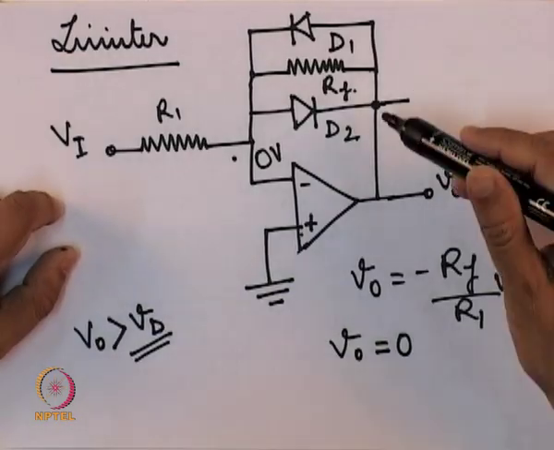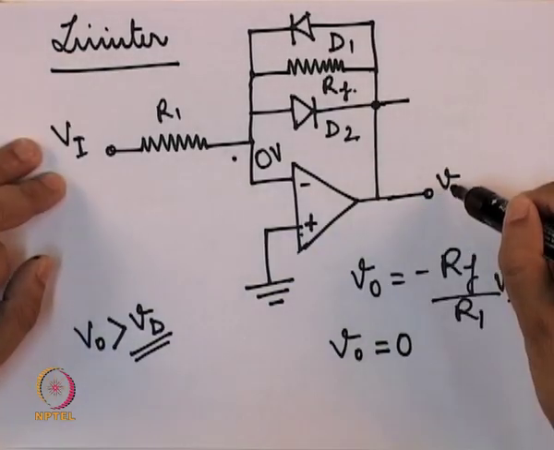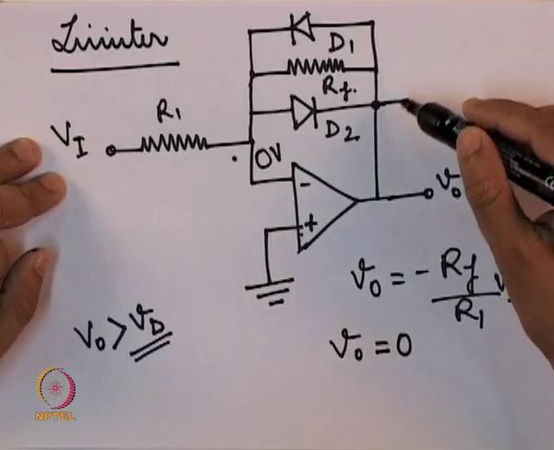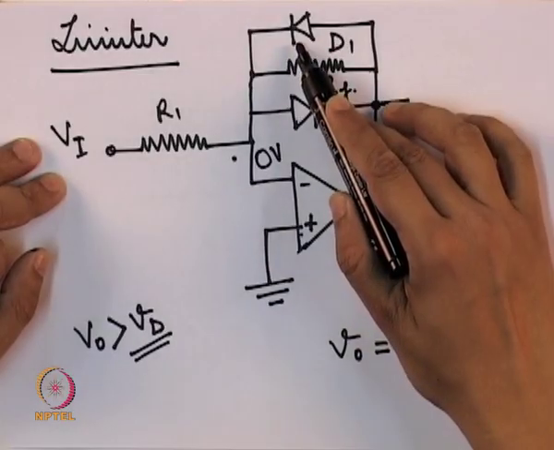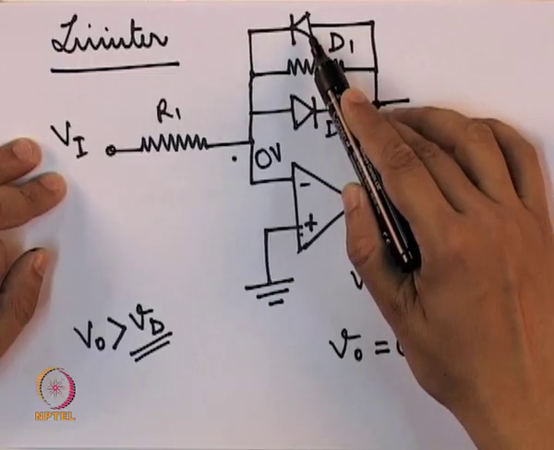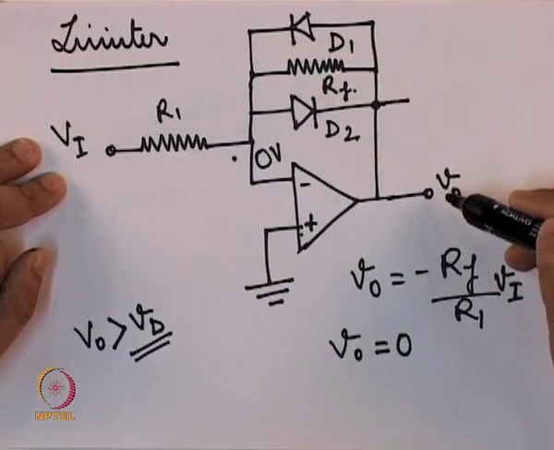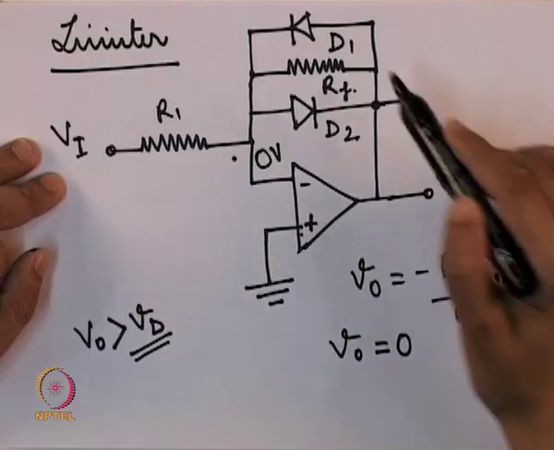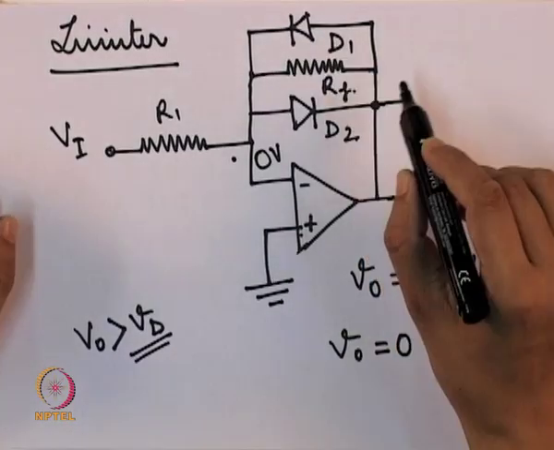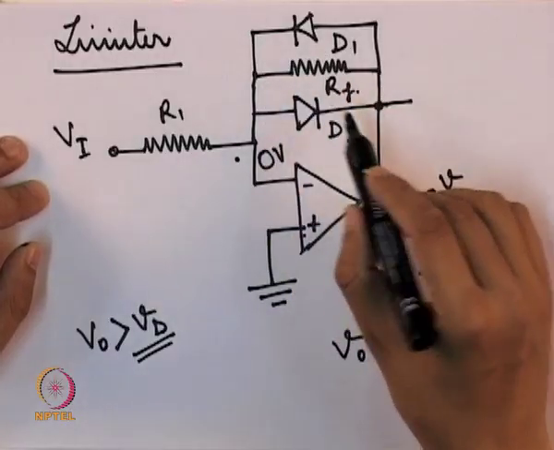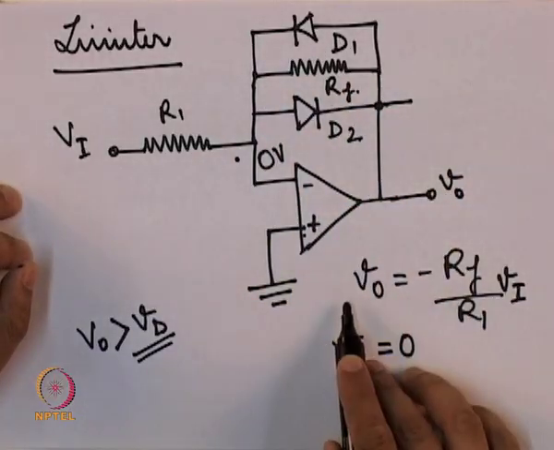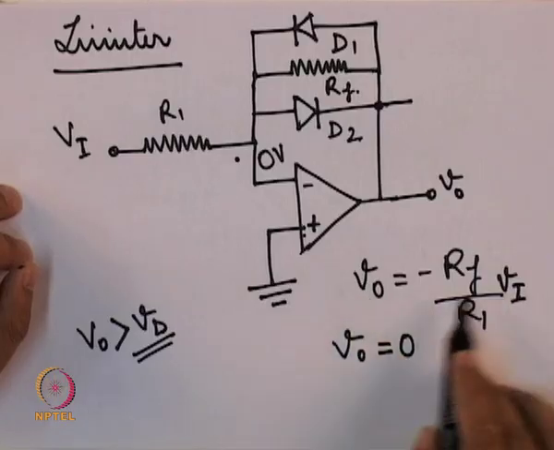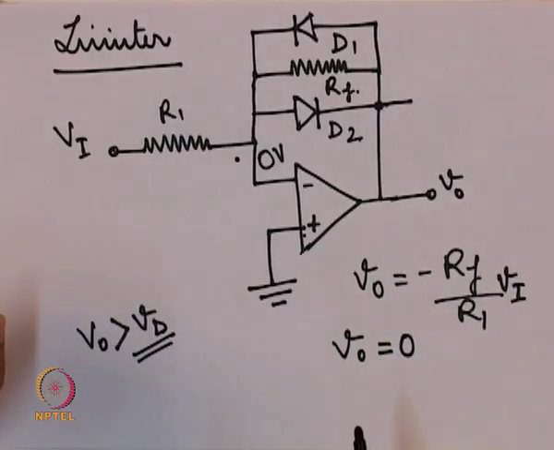So, the sequence of action is like this: Vo for some reason goes above Vd, diode D1 starts conducting. As diode D1 starts conducting, Vo becomes 0, and once Vo becomes 0, diode D1 again becomes open, and so the relationship between Vo and Vi is restored to this form.